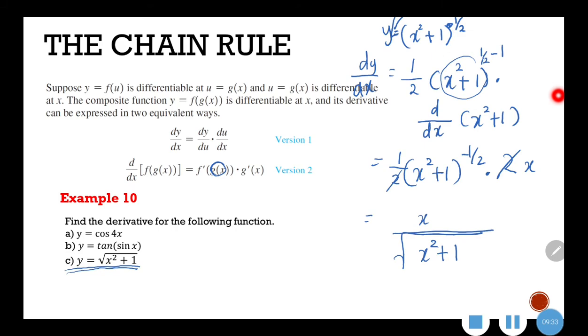So differentiate this, half brought to the front, and this half minus 1, times the differentiation of the function inside here. The thing that is inside here is this x squared plus 1. So differentiate this part here, you will get this, and d/dx of x squared plus 1, you will get 2x. So this should be the final answer.